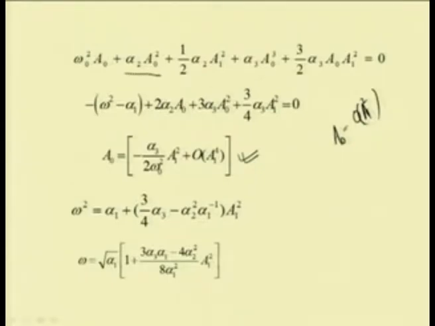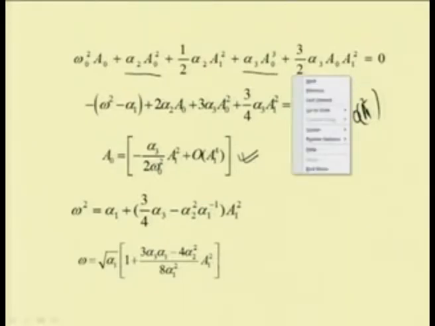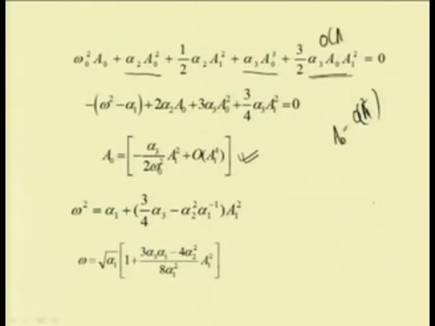Also we can neglect this a 0 to the power 6, which is of the order of a 1 to the power 6. Also this term a 0 a 1 square is a 1 square into a 1 square, that is a 1 to the power 4.